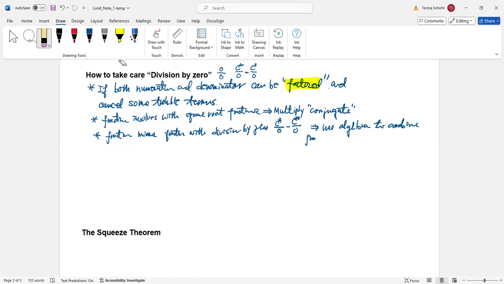Basically, we need to use our algebra skills to combine the fractions by applying a common denominator.